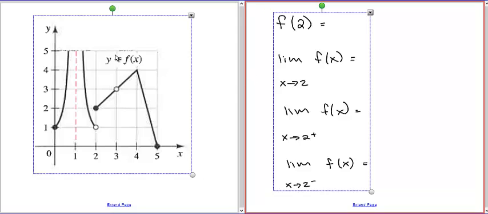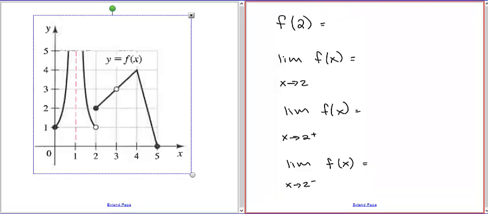Okay, the next one. Here's x equals 2, so the value of the function is going to be equal to where the dot is. So the function value is y equals 2. The limit of the function at x equals 2 does not exist.